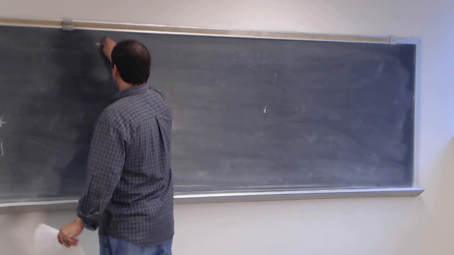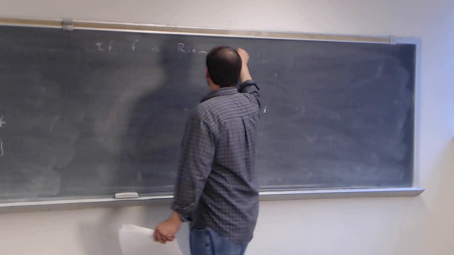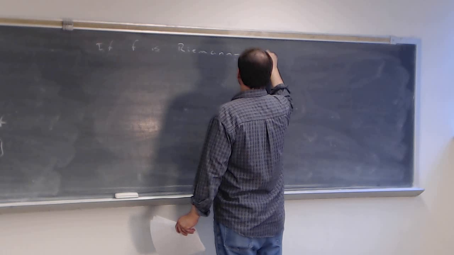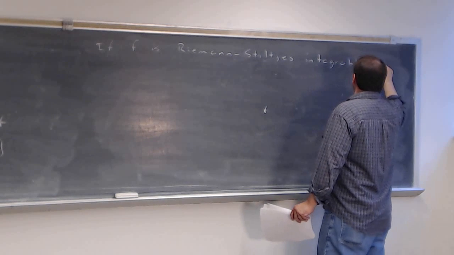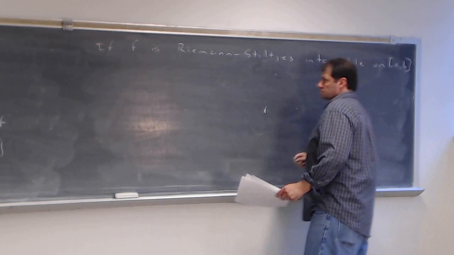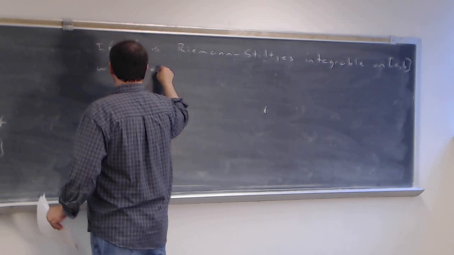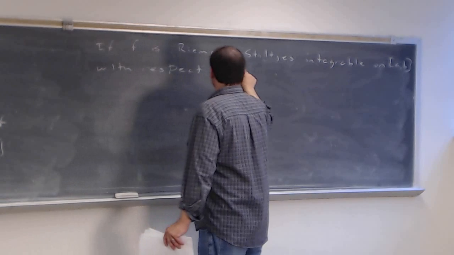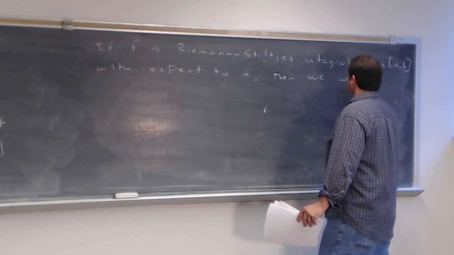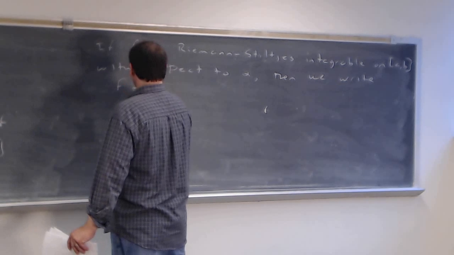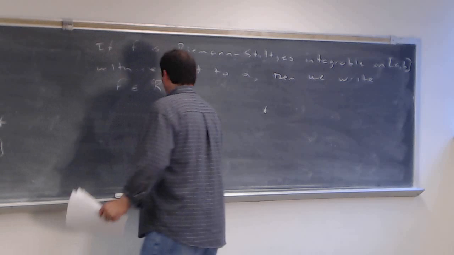And we say if f is Riemann-Stieltjes integrable on a to b, with respect to alpha, then we write f is an element of these Riemann-Stieltjes integrable functions of alpha.